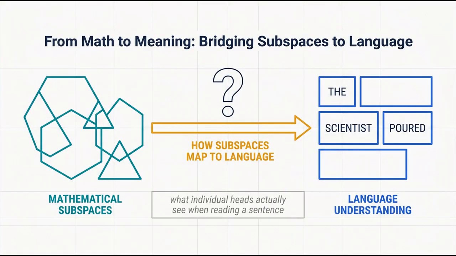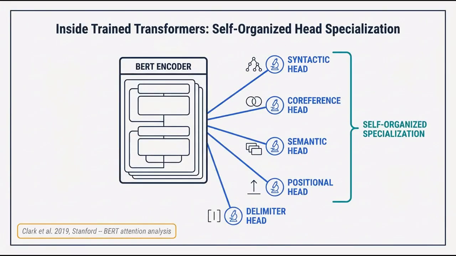Let us look at what these individual heads actually see when they read a sentence. When we look inside trained transformer models, we find that the attention heads have self-organized to perform specific, recognizable linguistic tasks. In 2019, researchers at Stanford analyzed the attention patterns of models like BERT. They discovered that the heads do not learn redundant representations. Instead, they specialize.